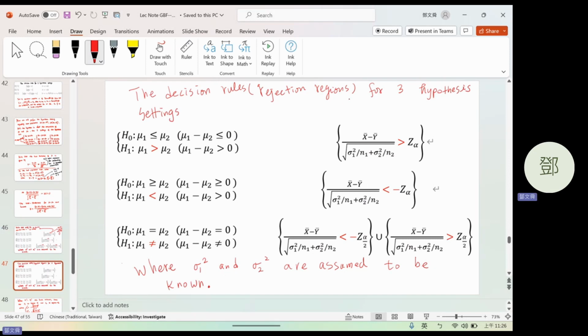Okay, and these are the rejection region, right?